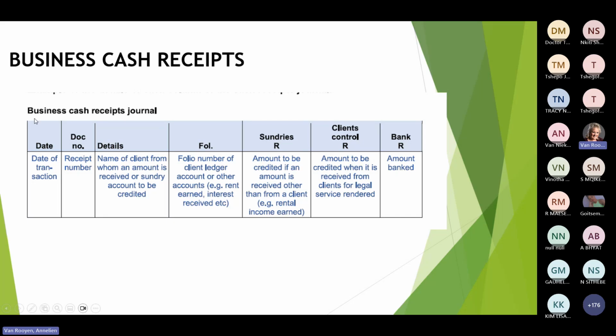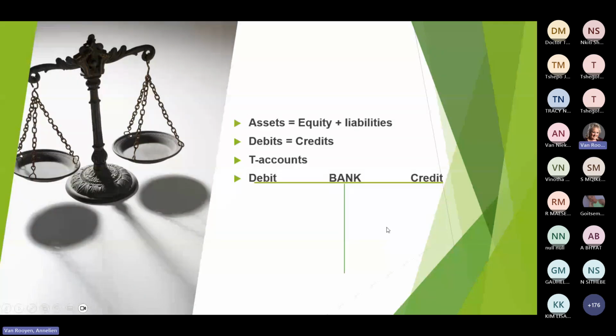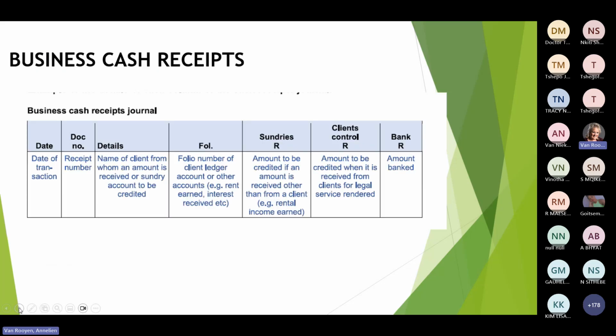Now if we look at, remember that T account I showed you, the scale, my business cash receipts journal, let me just go back to that slide. The business cash receipts journal is this side of your bank account. It's all the money that's coming in. So you need to show there and add as much detail as possible to this transaction so that you're able to trace it back.